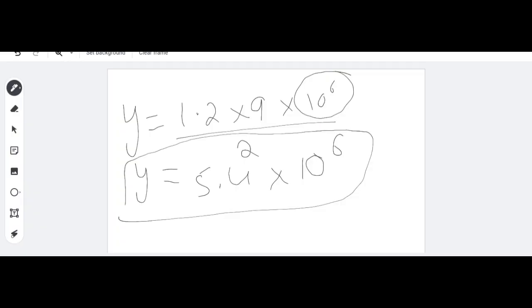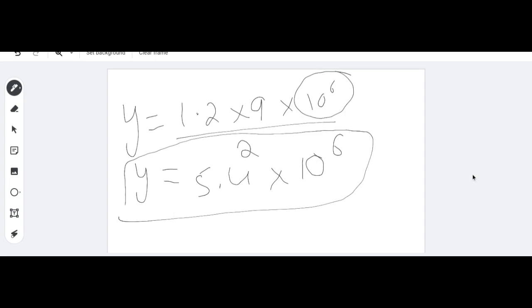I have to put x by y equals x1 by y1, and then 2 into 9 into 10 power 6 equals 5 by y.